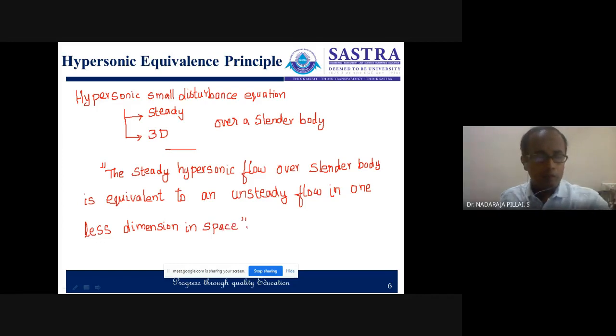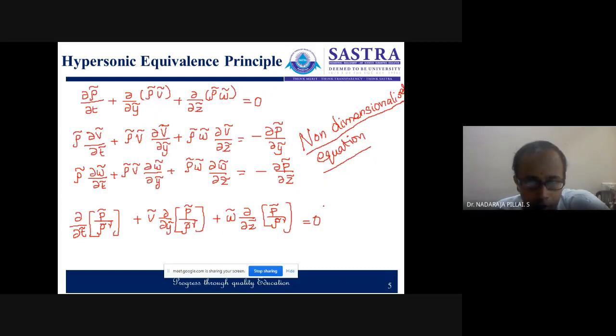So the steady hypersonic flow over a slender body is equivalent to an unsteady flow in one less space dimension. I hope you can also make a comparison. Only the notation may be different, but it looks identical.